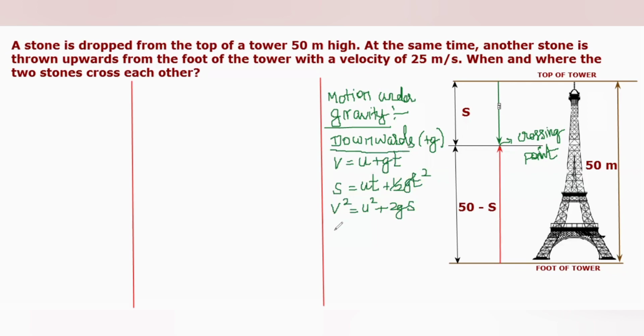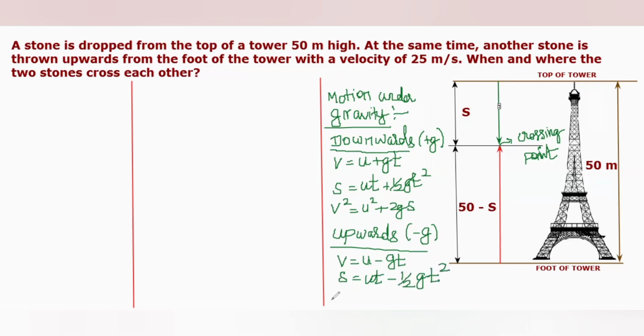If the motion is upwards, then the objects move against gravity. Then we write the equations as V equals U minus GT, S equals UT minus half GT square, and V square equals U square minus 2GS.